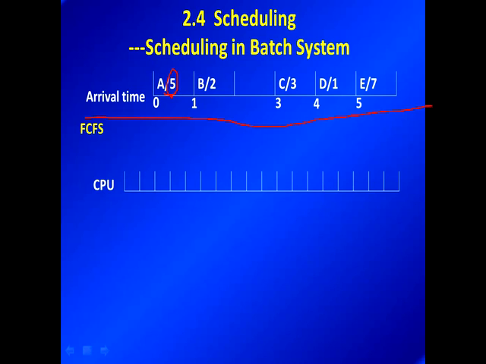And according to this information, we can schedule them with FCFS, also SJF, and also you can use the scheduling algorithm for interactive systems to get a solution for this same scheduling problem. You list all the processes on the time axis on CPU.